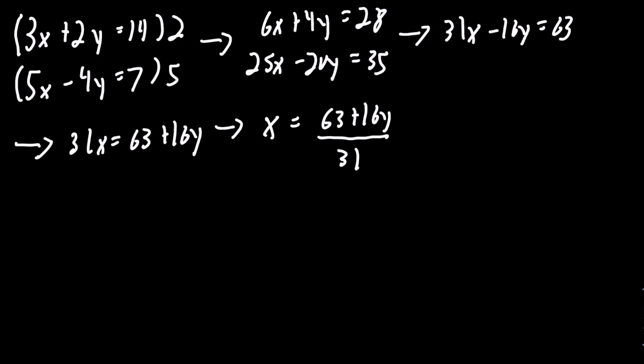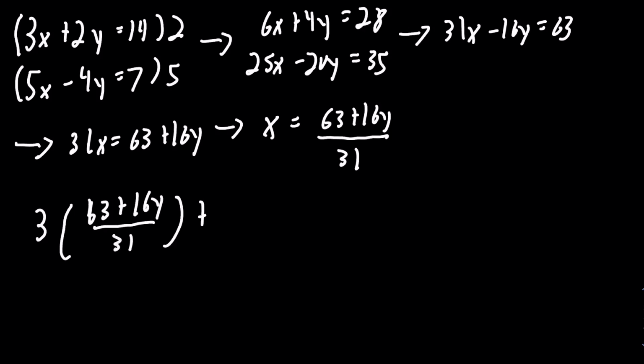In our case, let's use equation 1. So we have 3 times (63 plus 16y) divided by 31 plus 2y is equal to 14. Now I strongly encourage you guys to pause this video and solve for y yourself, so that at least you guys can still be engaged.